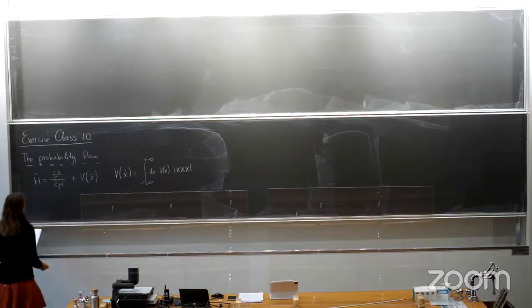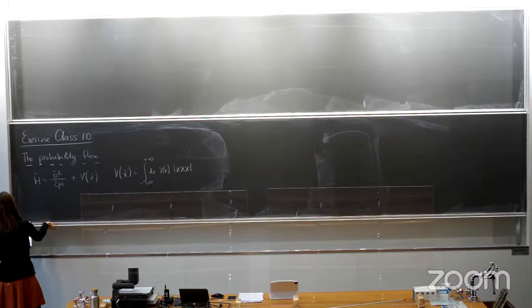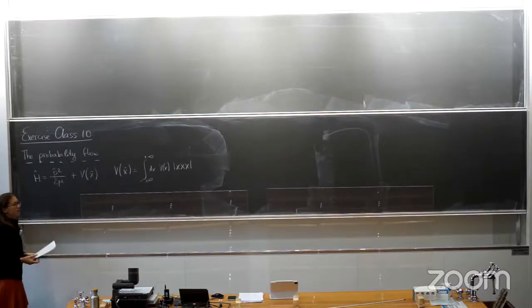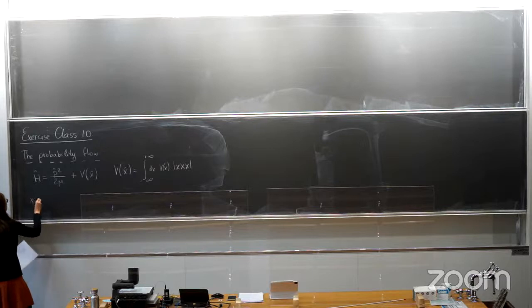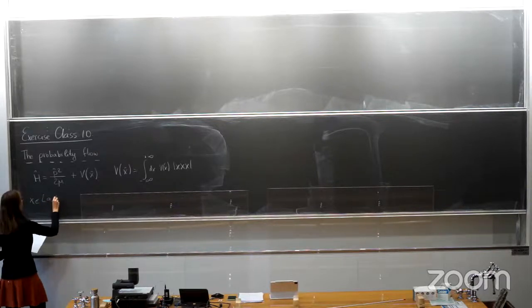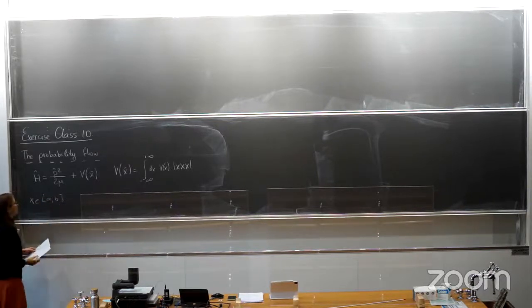And so the property we're going to look at is the probability of finding a particle in a space region from A to B, so when x belongs to AB. And we will look at how this probability changes with time.